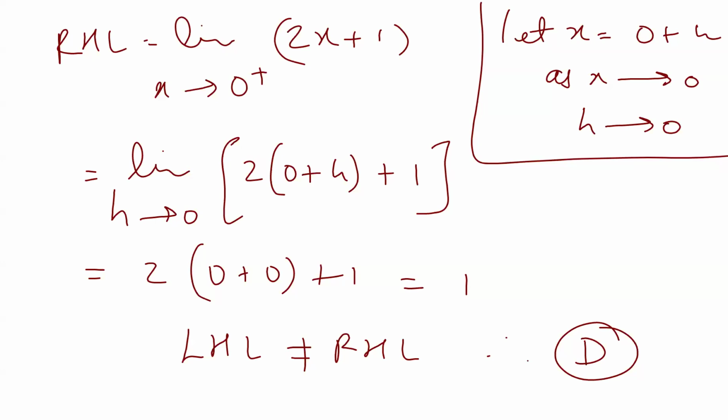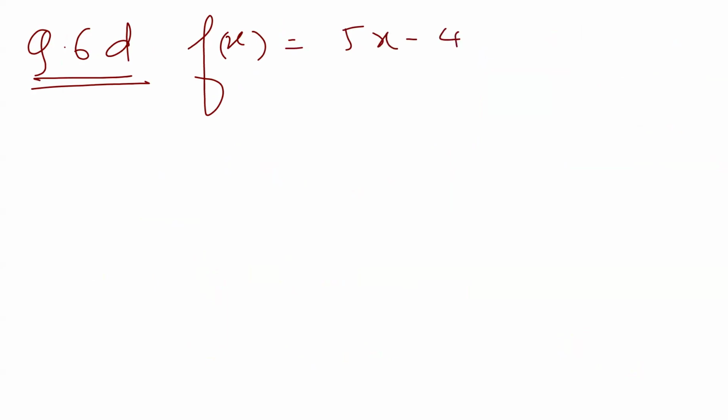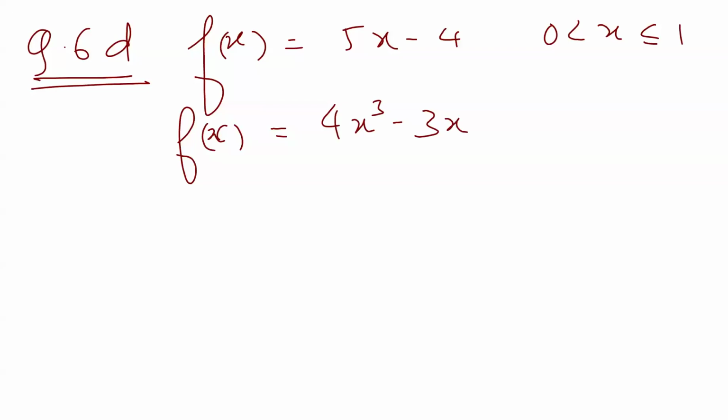Let us go to question number 6D. Question number 6D. Fine. So f of x is equal to 5x minus 4 for 0 less than x less than or equal to 1, and f of x is equal to 4x cube minus 3x for x greater than 1 and less than or equal to 2.